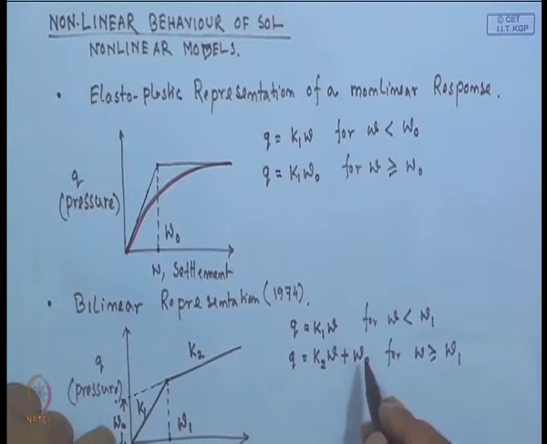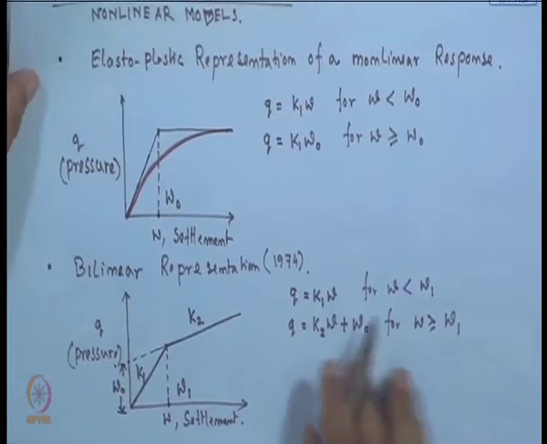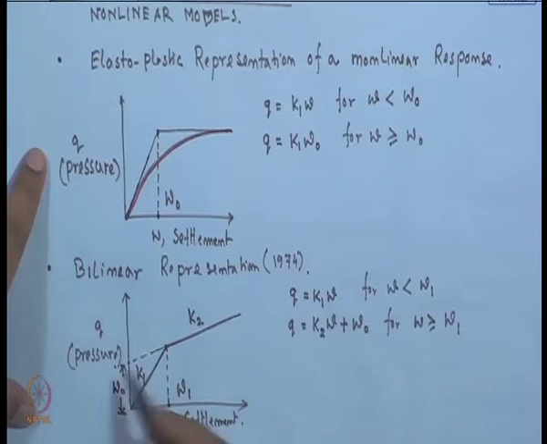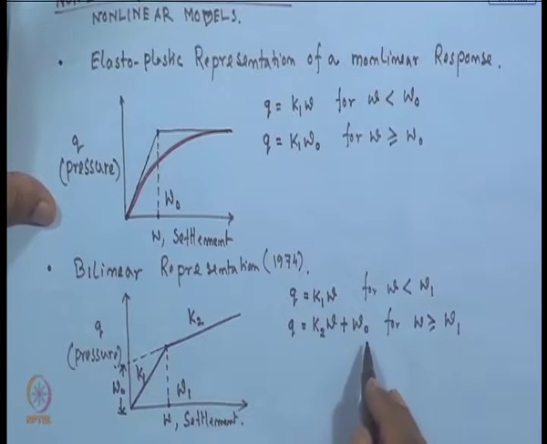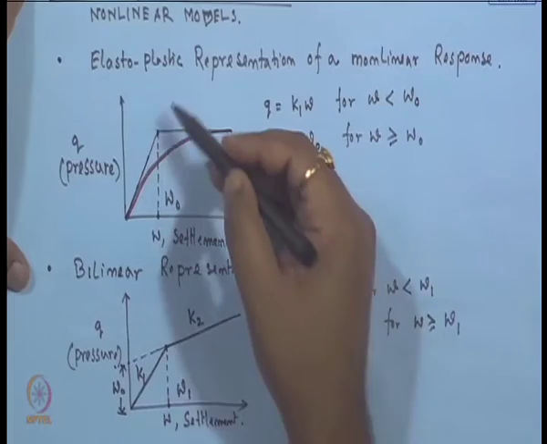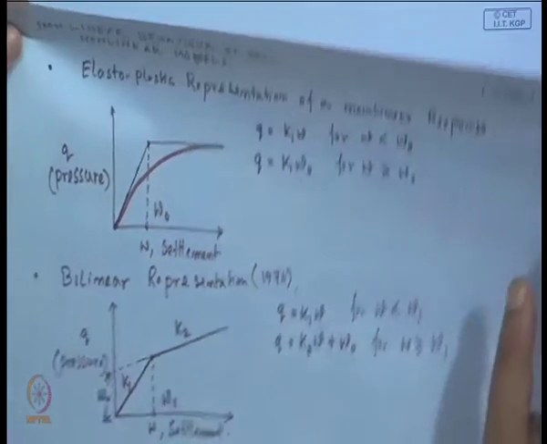And then in the previous response, we have used this value as Q0 because W0, and then we use this expression. So, these are the two responses: one is the elastoplastic representation, one is the bilinear representation, and the third one is a nonlinear representation.